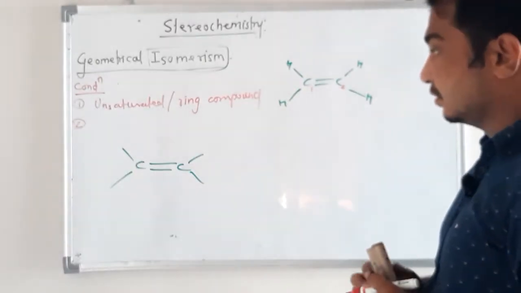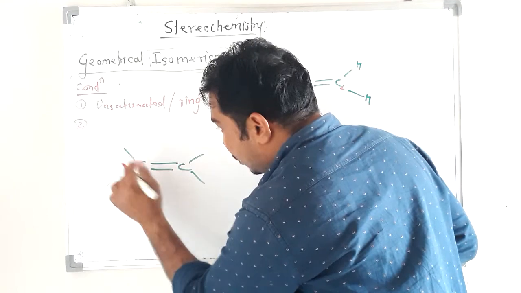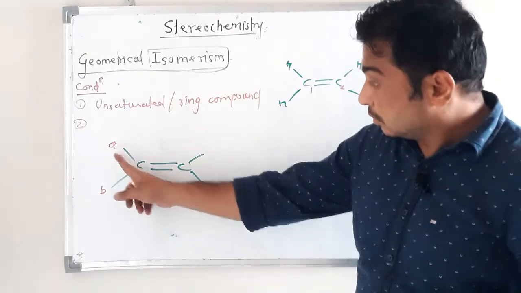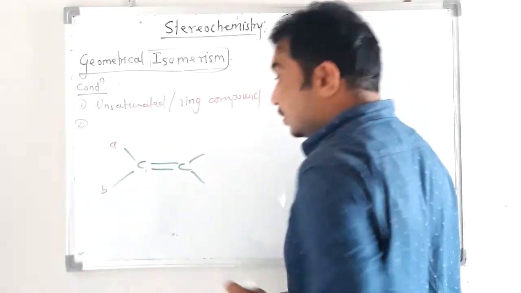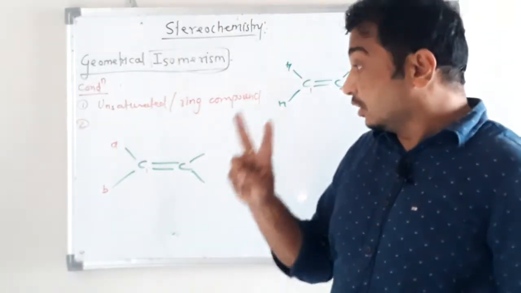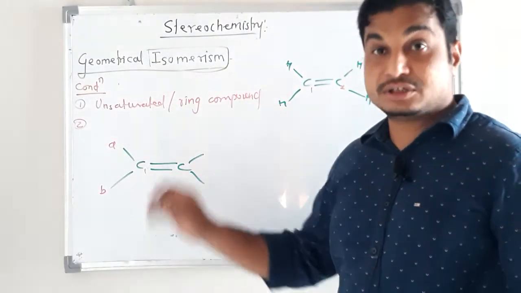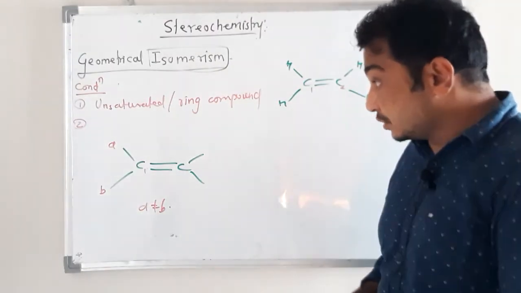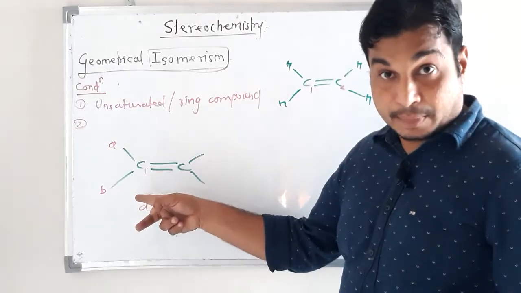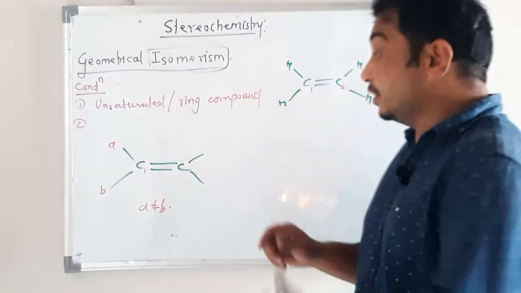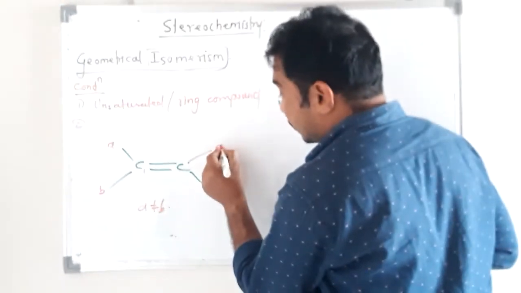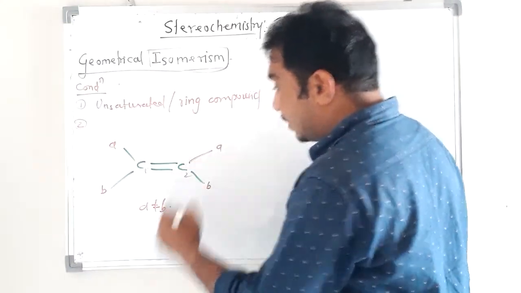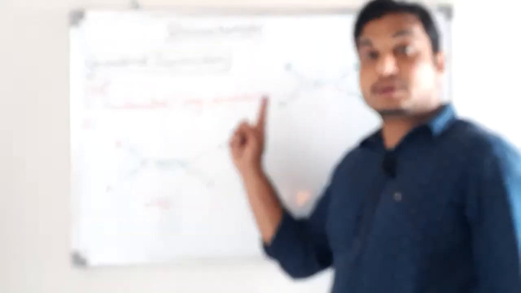The second condition is that each carbon atom of the double bond must have different substituents. Both groups attached to carbon number 1 must be different, A is not equal to B, and the same substituents A and B must be present on carbon number 2.